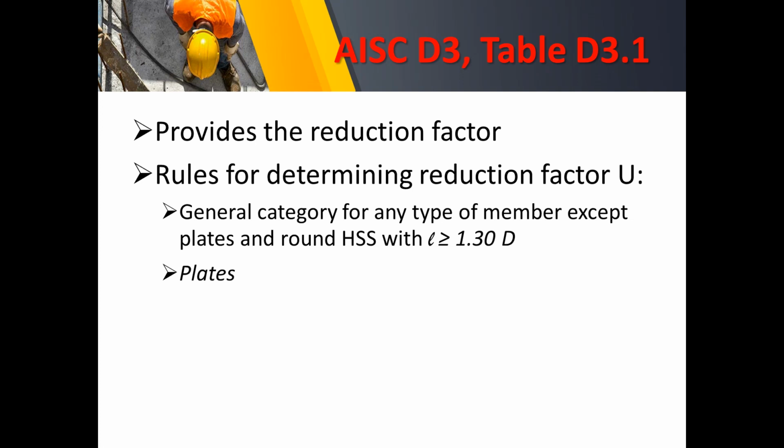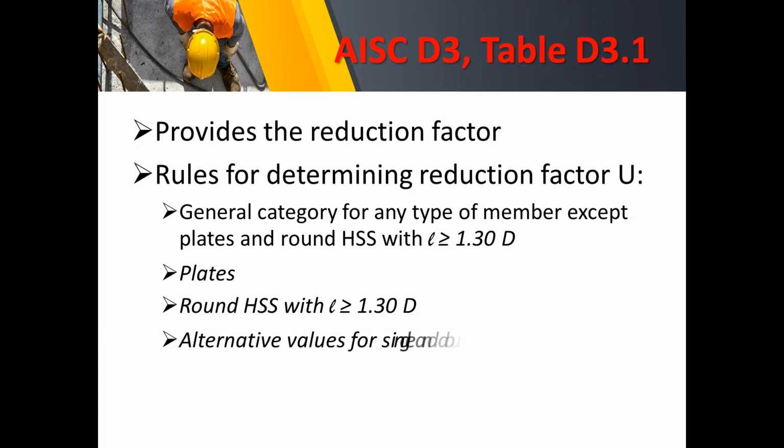There are also provisions for the reduction factor for plates and round hollow steel sections, again with L greater than or equal to 1.3D, and then alternative values for single and double angles.